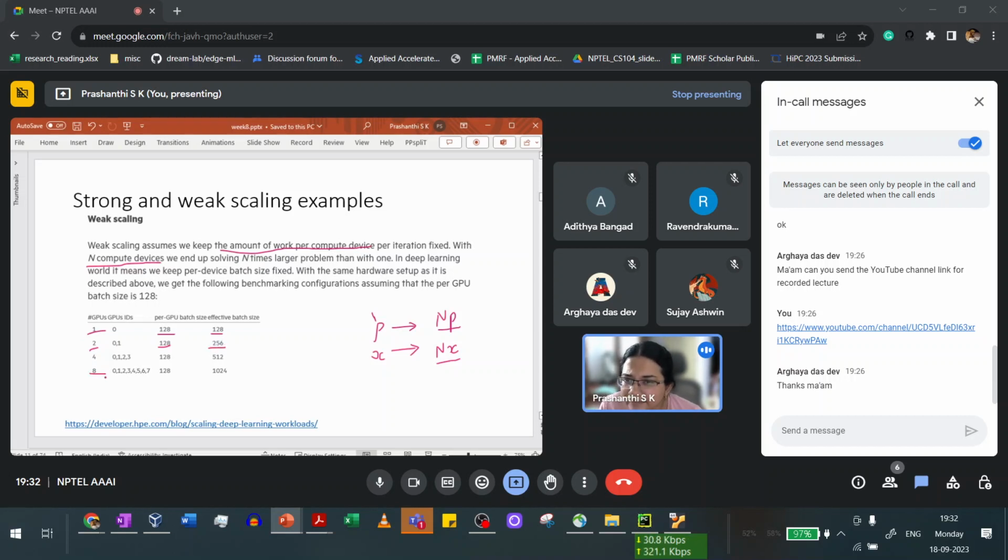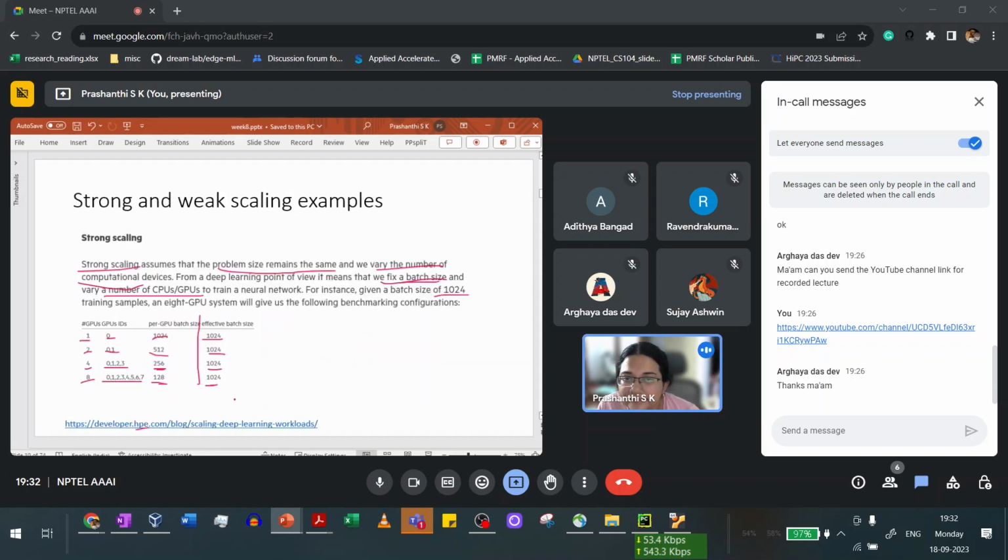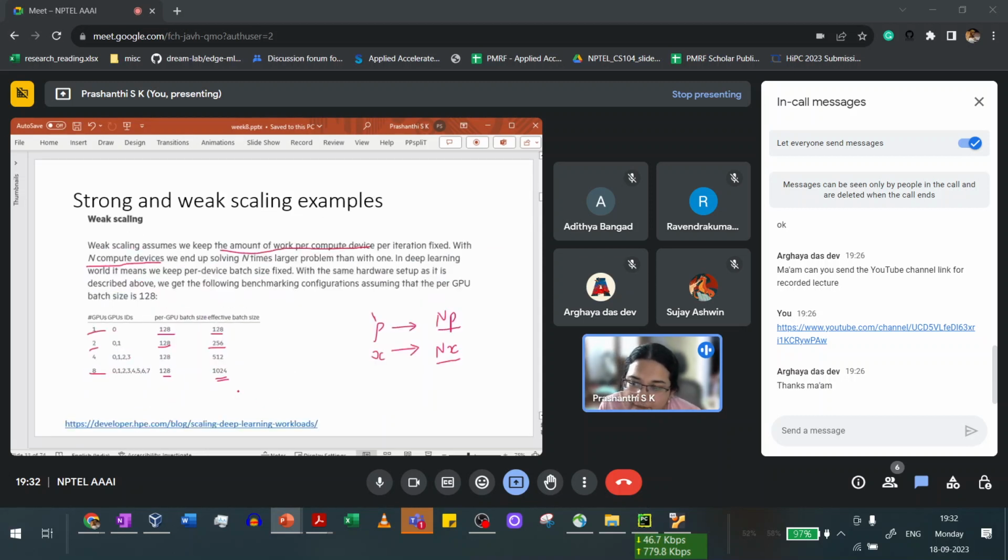And similarly, when I add 8 GPUs, 8 into 128 becomes 1024, right? So that's how weak scaling works. So now you're increasing the total amount of work and you're increasing the number of processors or GPUs, and you're expecting this to scale, right? You're expecting this to look like this. Again, will that happen? Will that not happen?